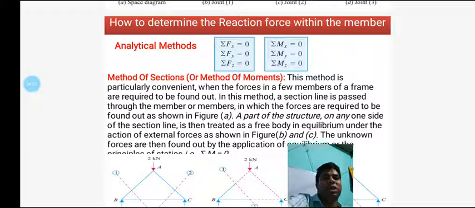In this method, a section line is passed through the member or members in which the forces are required to be found out, as shown in figure A. Now a part of the structure on any side of the section line is then treated as a free body in equilibrium under the action of external force, and that is shown in figure B and C.